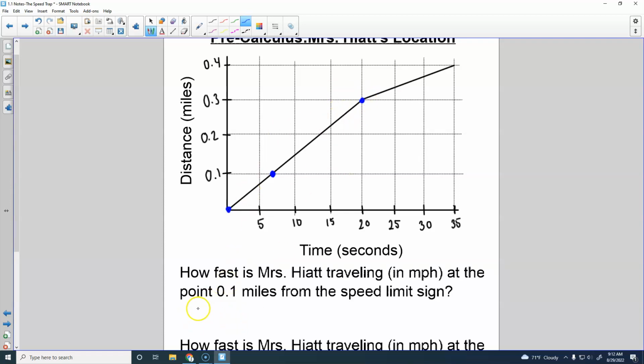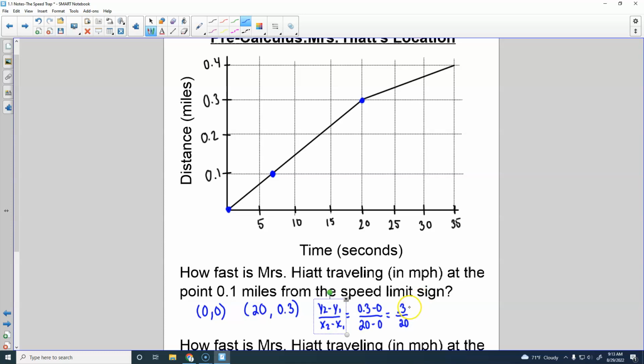So, I've got the point 0, 0, and then I also have the point 20, 0.3. If I do slope for this, I'm going to remind you that it's y2 minus y1 over x2 minus x1. So you'll have 0.3 minus 0 over 20 minus 0, and that is going to give you 0.3 over 20.